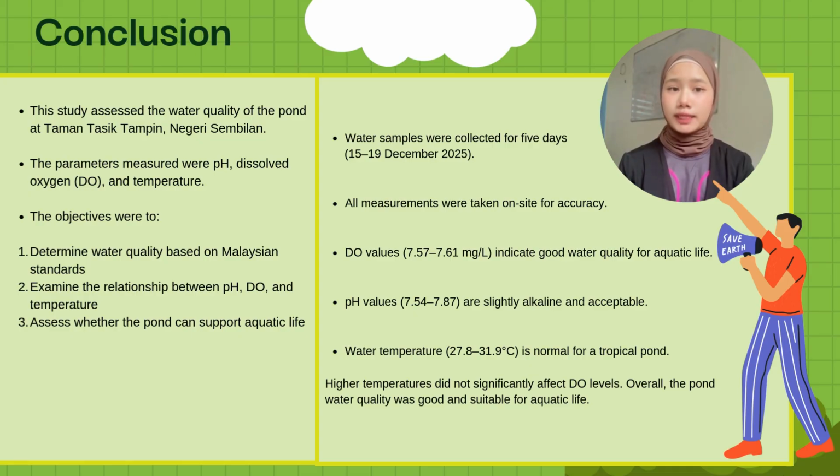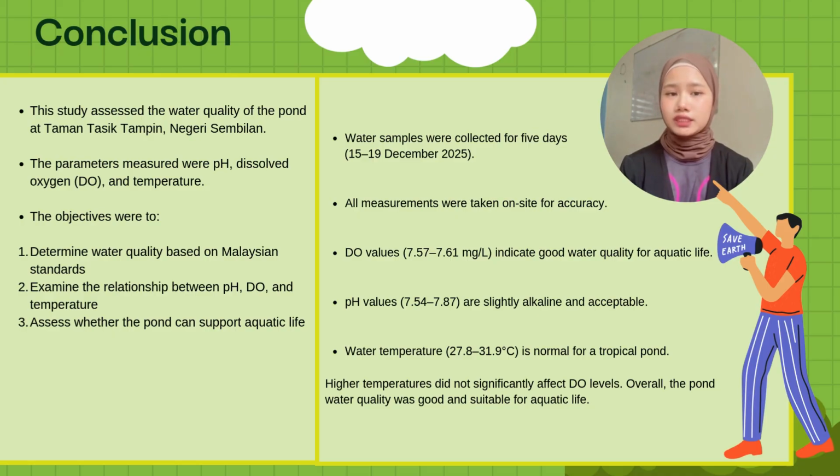Next, water samples were collected for 5 days from 15 to 19 December 2025. All measurements were taken on site for accuracy. The DO value that we got is 7.57 to 7.61 mg per L, which indicates good water quality for aquatic life. The pH value that we got is 7.54 to 7.87, which is slightly alkaline and acceptable.